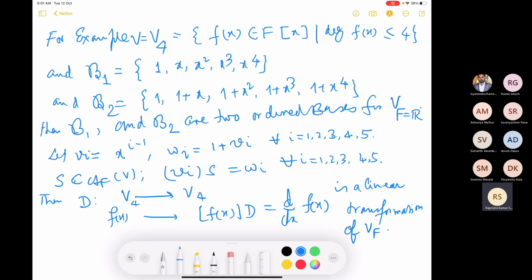We had already obtained the matrices with respect to these bases.